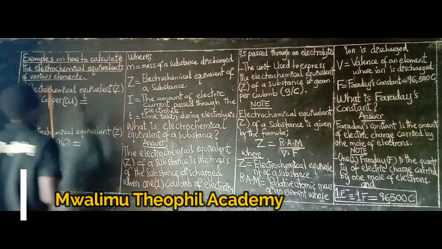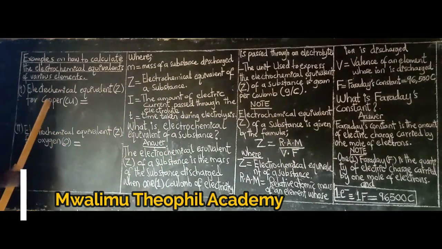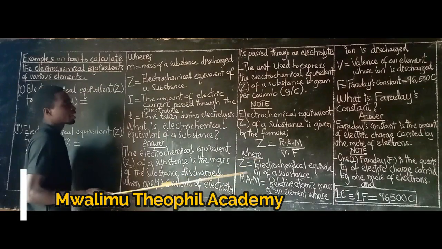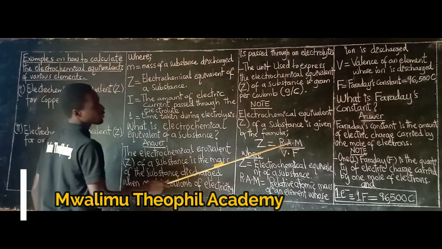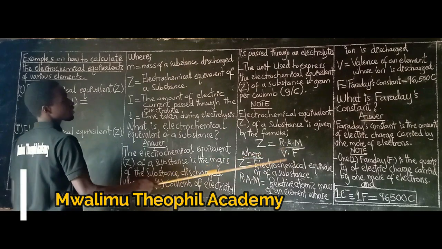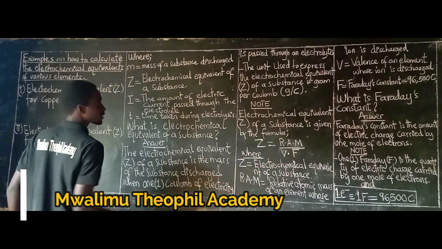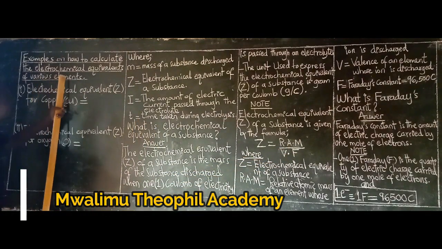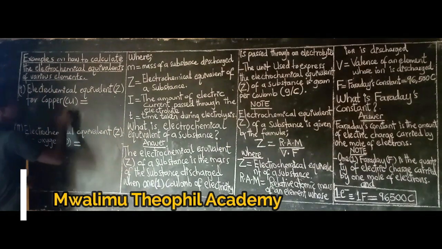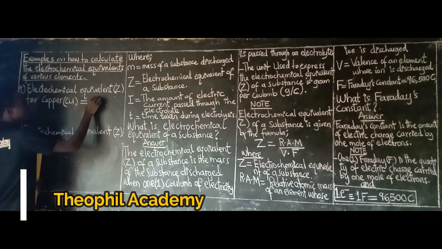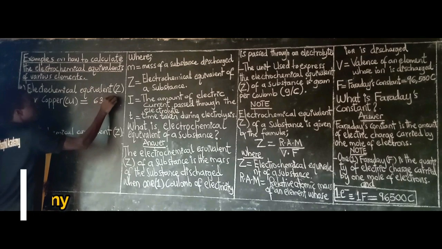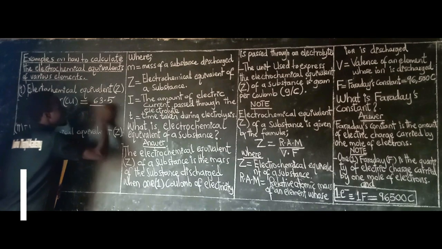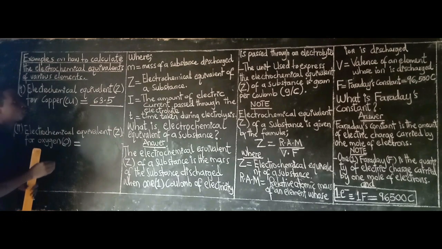Here we are required to calculate the electrochemical equivalent of copper. As we have said that the electrochemical equivalent is equal to the relative atomic mass of the element over the product of valence and the Faraday's constant. Now, for copper, it is known that the relative atomic mass of 1 mole of copper is 63.5 grams. So this is divided by the product of its valence and Faraday's constant.